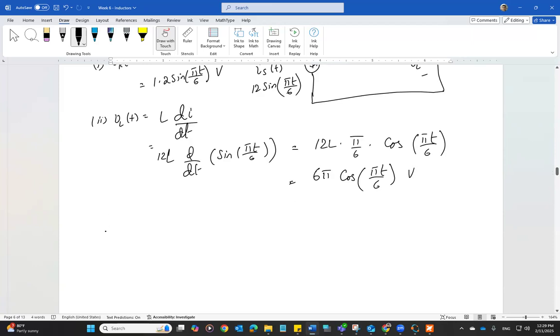All right, number 3 is energy stored in the inductor, expression for that. I simply have half L I squared. 12 squared is 144, so 144 sine squared pi t over 6.